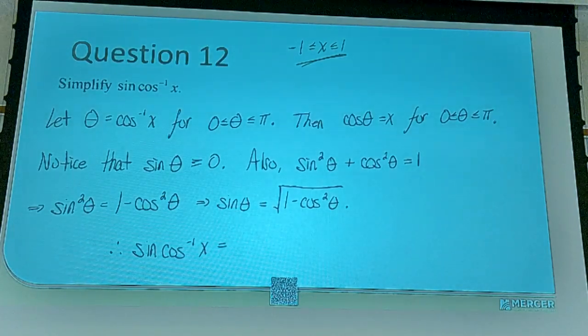Then sine of the inverse cosine of x is the square root of 1 minus, what do we say cosine of theta was? x.